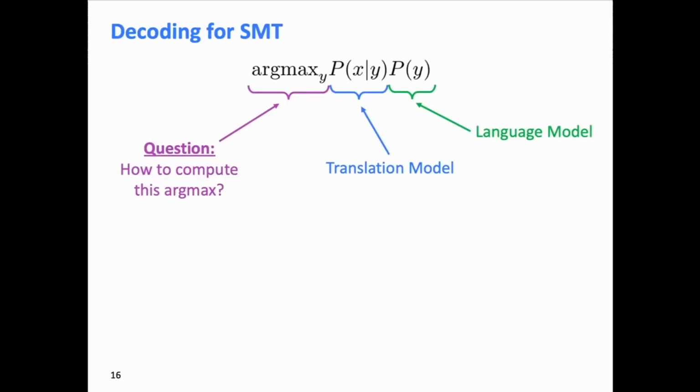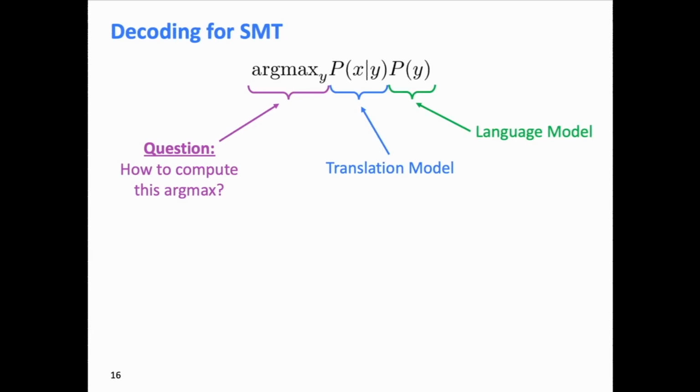Okay, so we're learning this SMT system, and so far we've broken it down into these 2 main components. We've got the translation model and we've got the language model. And we understand a little bit about how you might learn this translation model by breaking it down into alignments. So a question remains, how do you do the argmax over Y? How do you find your French sentence Y that maximizes this probability?